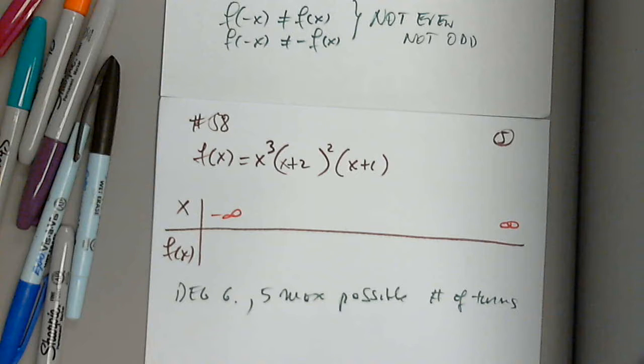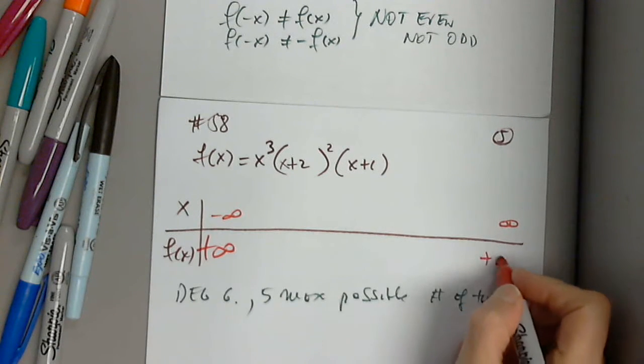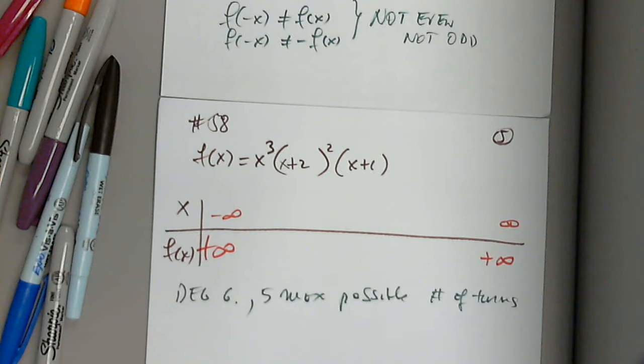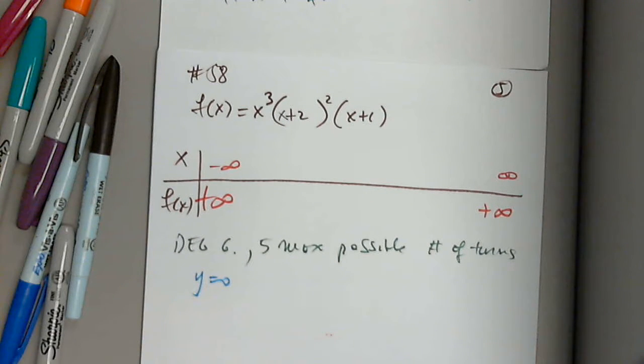All coefficients, leading coefficients are 1. So then, if it's positive, this is the end behavior. Positive infinity, back to positive infinity. Good. How many solutions will you give for the equation y equals 0 for the x-intercepts? 6 solutions.